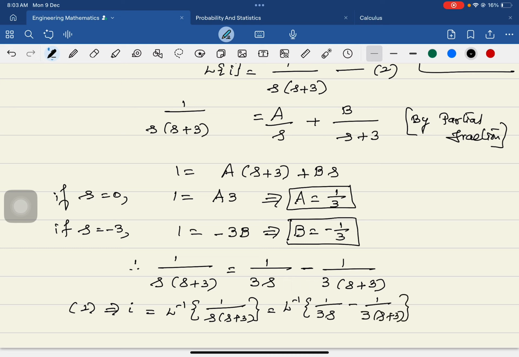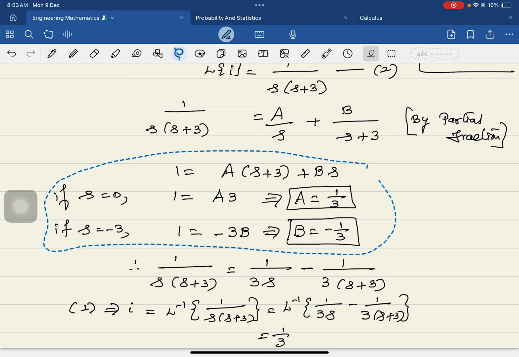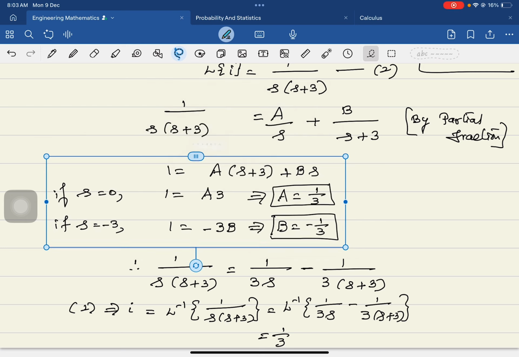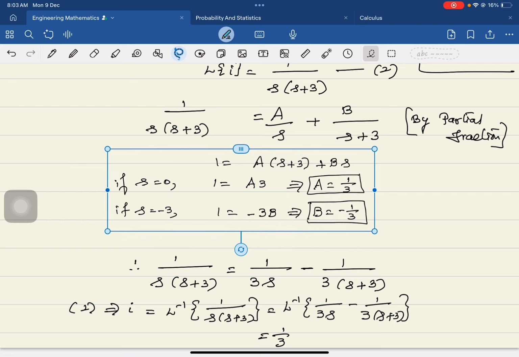So can we rewrite this with 1 over 3 as common? I'll just write these values a bit smaller so that I can complete this on the same page. Bear with me for just 2 minutes to get the solution here.